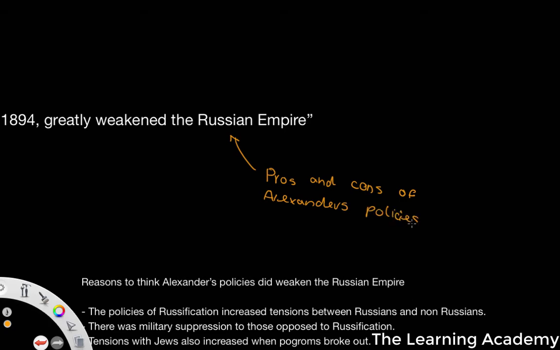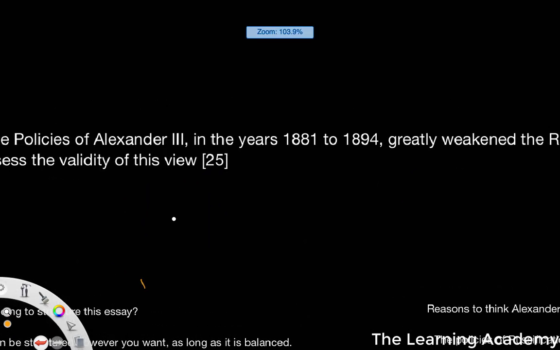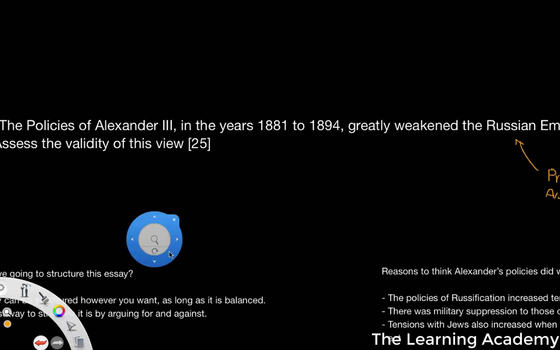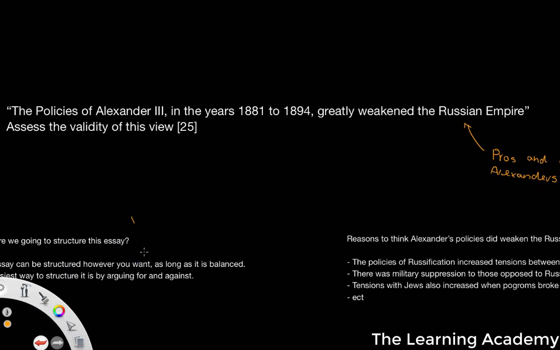And so you should be thinking straight away, what were Alexander's policies? You just rattle them off and think about every single policy that you can remember when you're in the exam. And you've got to think, right, which ones were good, which ones were bad, and then argue whether or not, in your opinion, generally, this greatly weakened the Russian Empire.